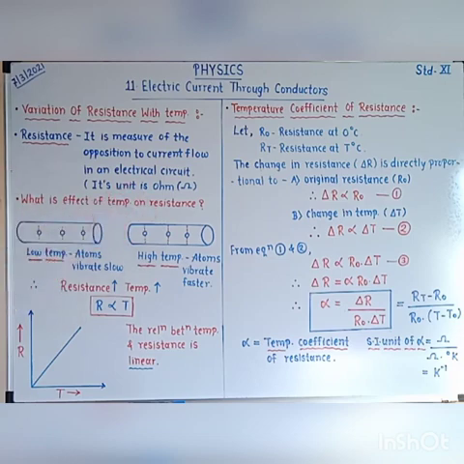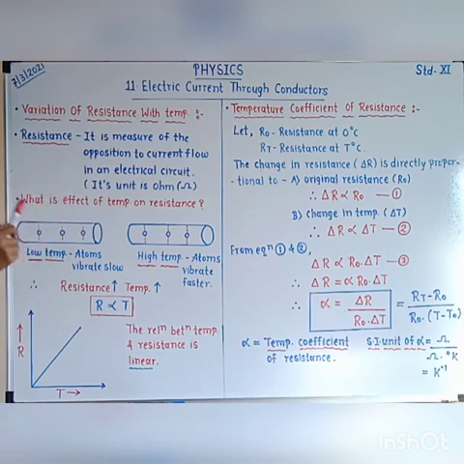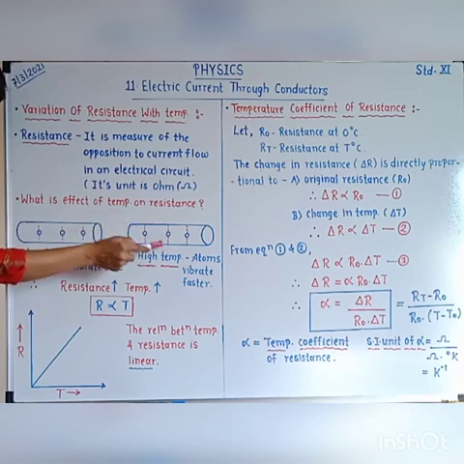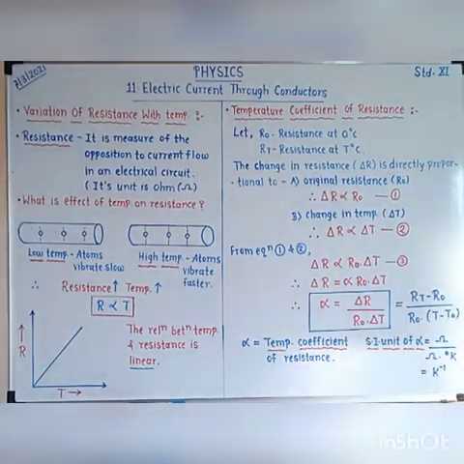Now what do you mean by amplitude? It is the maximum displacement of the atom from its mean position. So this is the amplitude of the atom in that given conductor. As temperature of the conductor increases, these atoms vibrate faster along with this maximum amplitude, and as temperature of the conductor decreases, then these atoms vibrate slowly along with this minimum amplitude.